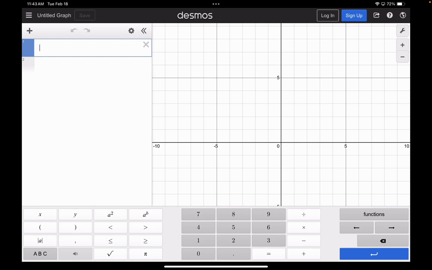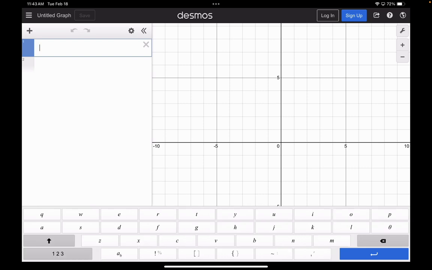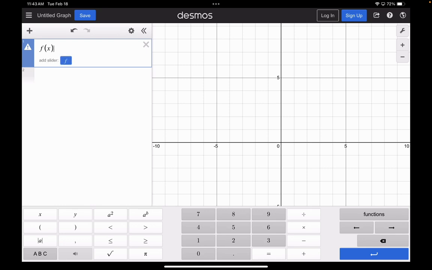Okay, so if I have some function f of x, and it equals, what's the formula that we have so far? P times 1 plus your percent over. Okay, I'm going to talk about this in a general sense.